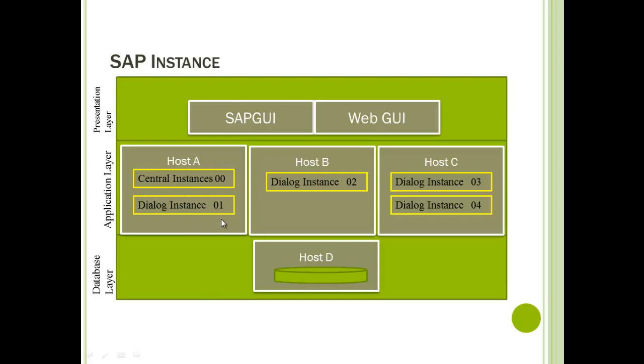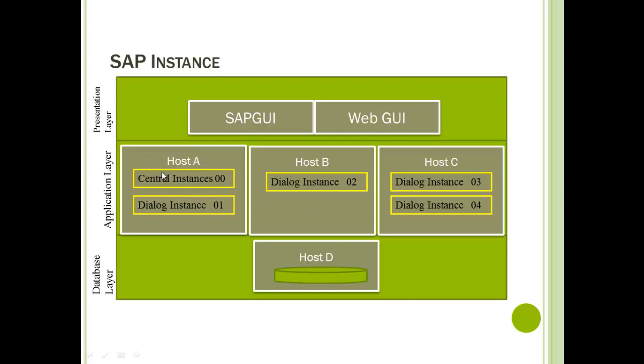Then let's see the application layer. You can see host A, host B and host C. Everywhere you can see a dialog instance and something called the central instance. In host A we have the central instance. The central instance of an SAP system is identified mainly for the services that no other instances will hold in the application layer.